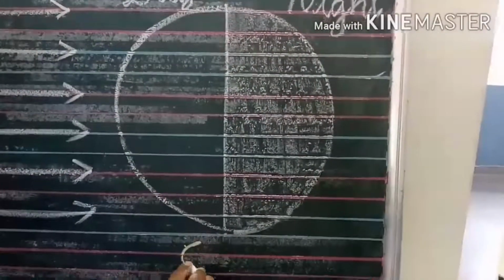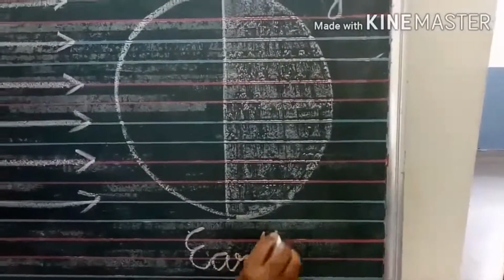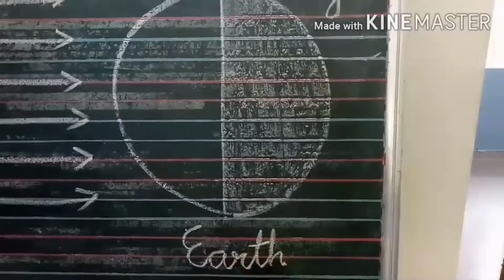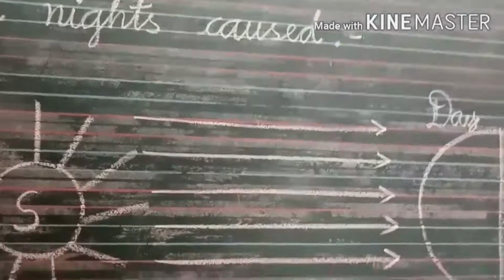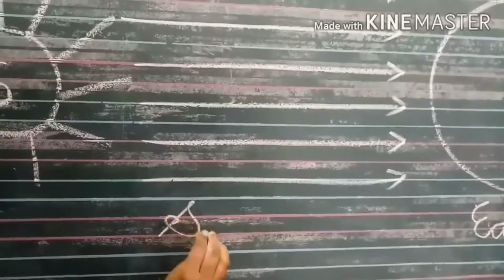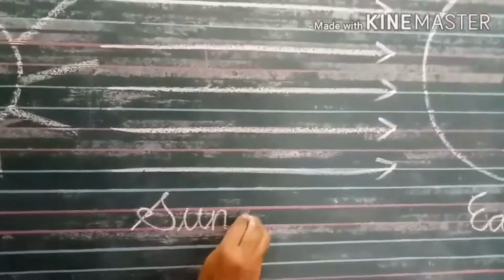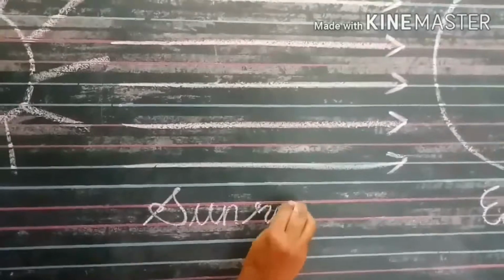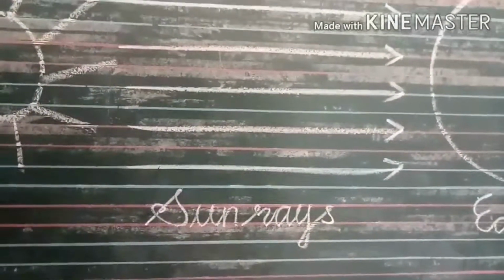Can you guess what circle is this? This is Earth. E-A-R-T-H, Earth, right? And these arrow marks are sun rays. Now write S in capital, sun rays.